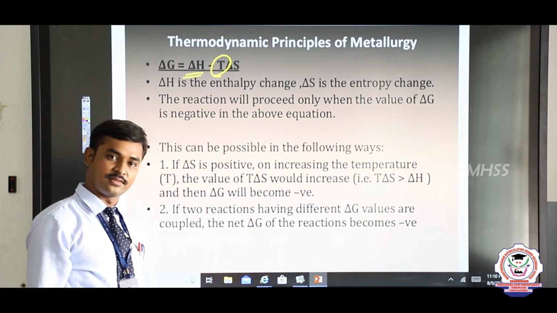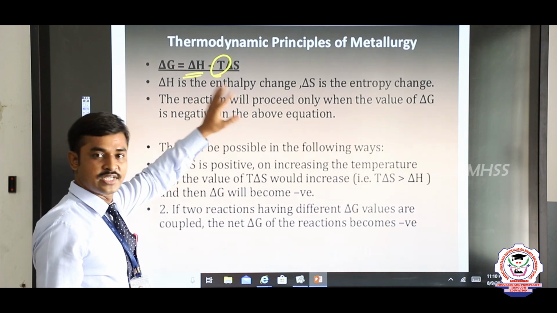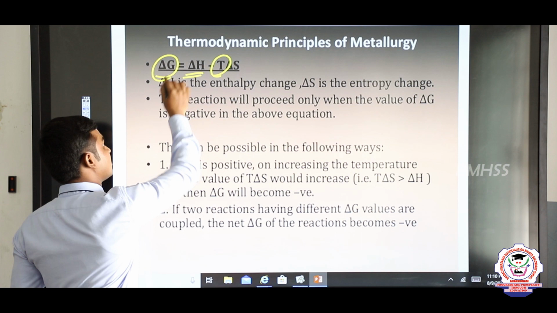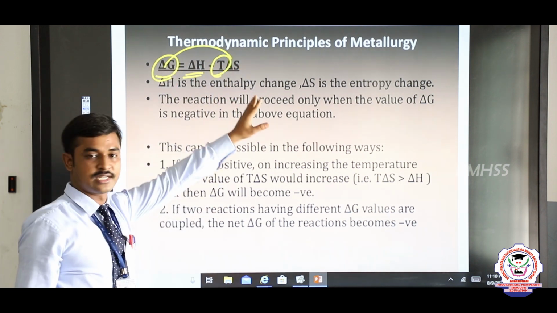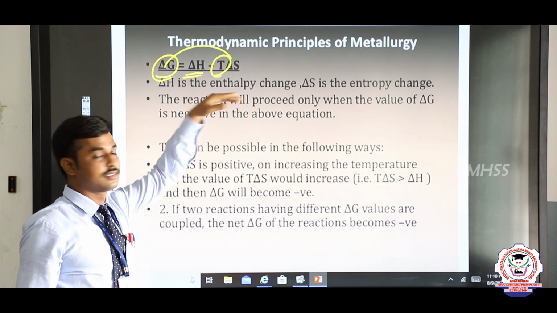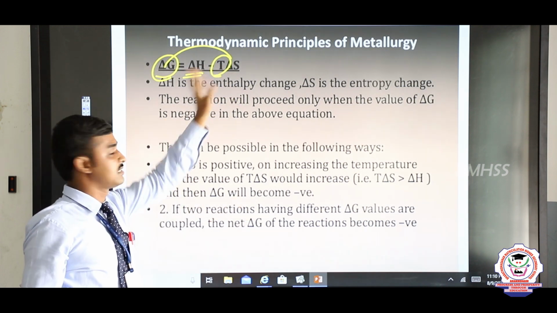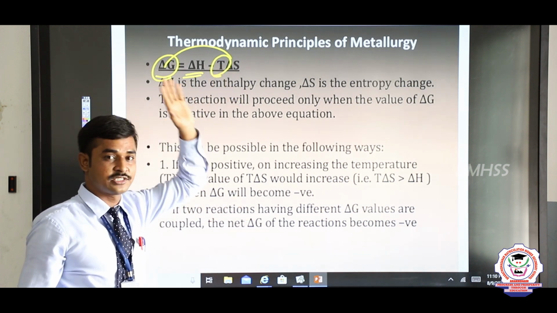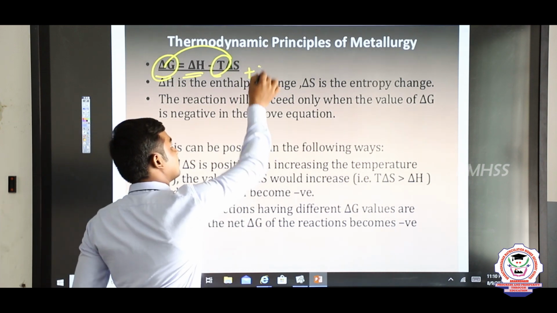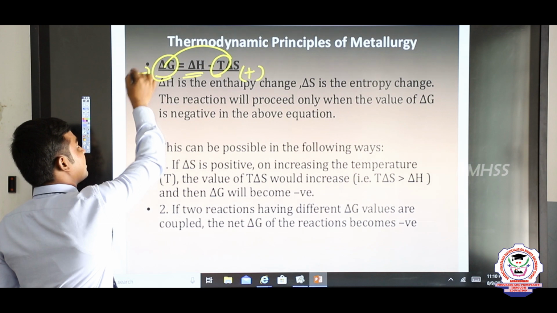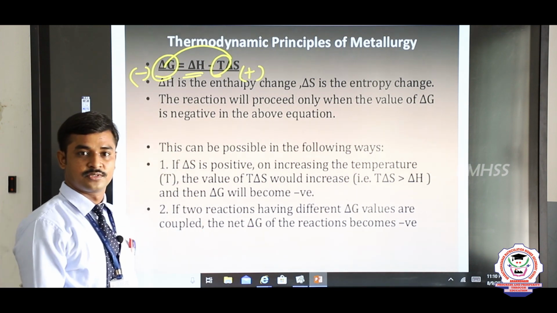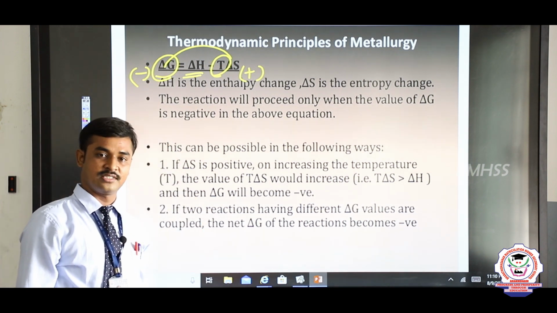From these values we can find the del G. So, in this reaction the del G is opposite to the del S. When the temperature increases, del S attains the positive sign. As the opposite, del G attains the negative sign. So, this is the thermodynamic principle of metallurgy.